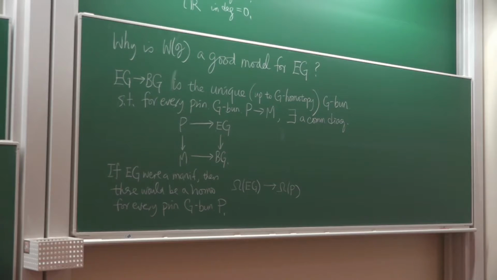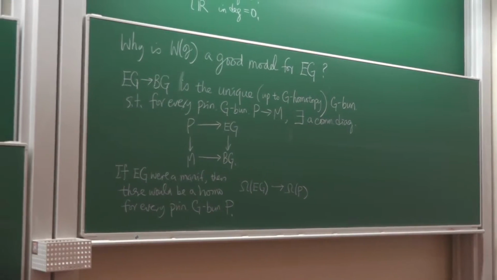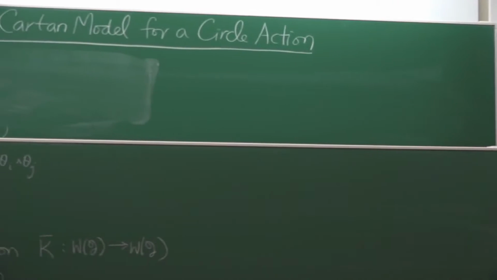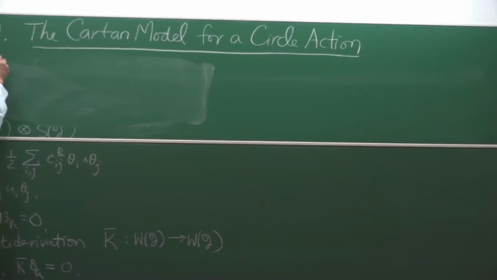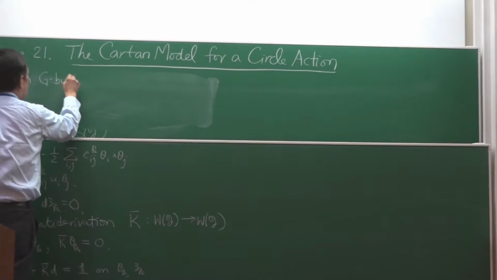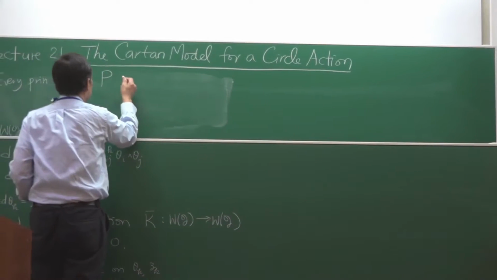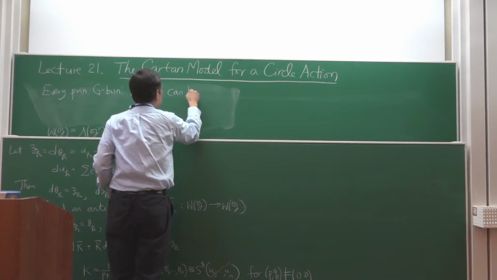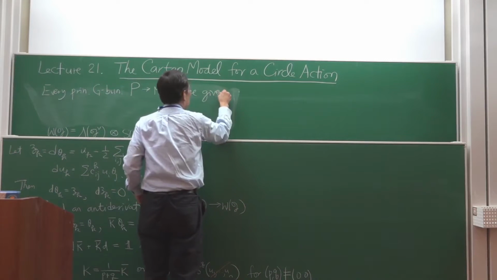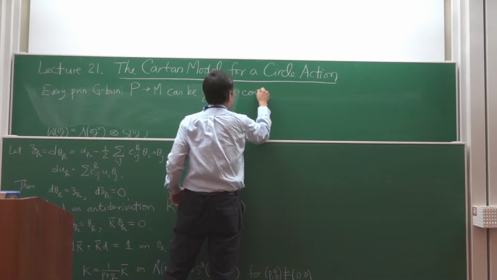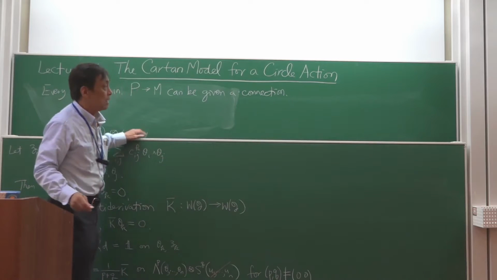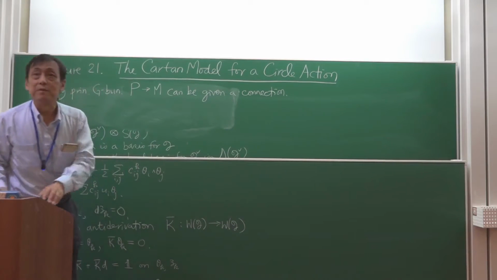And once there's a connection, then there's a homomorphism from the Weil algebra into the de Rham complex of P. So every principal G bundle P can be given a connection. Okay? This is something from differential geometry.